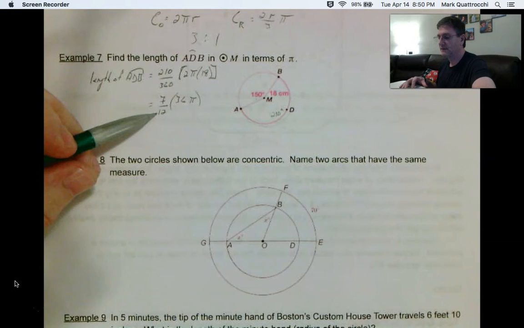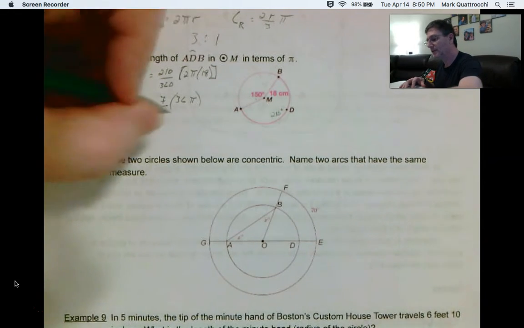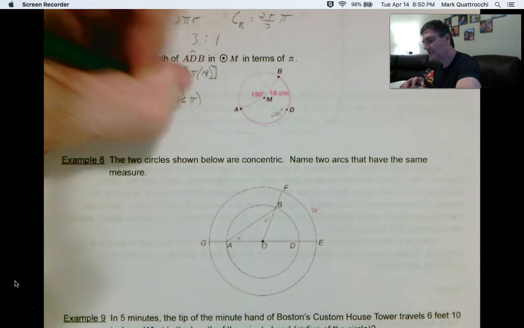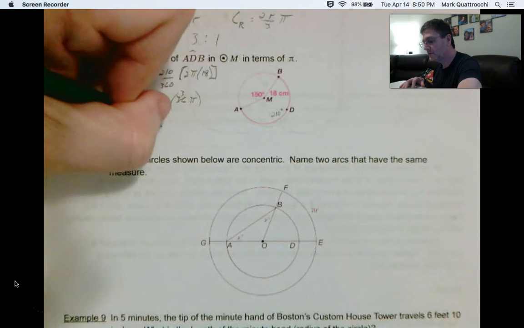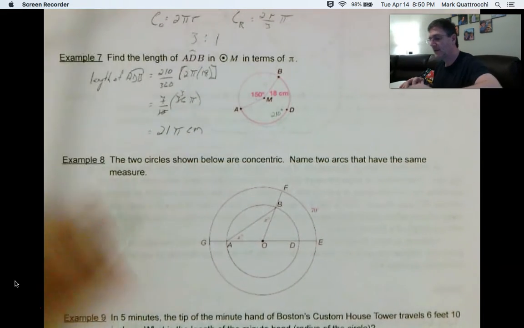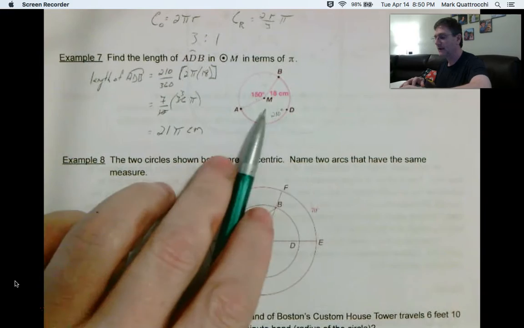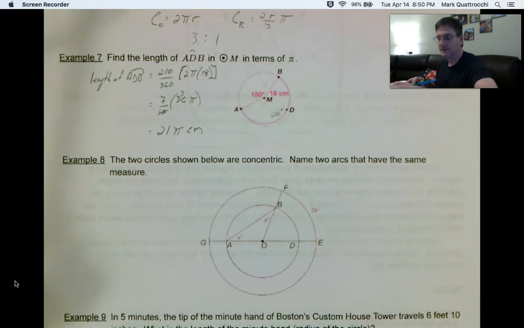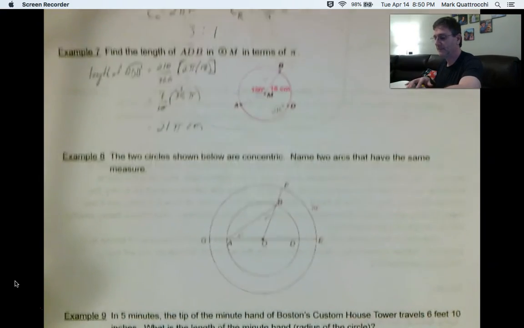I should have left it as a 36. That's right. 12 goes into 36 3 times. We end up with 21 pi centimeters. And it asked us to leave this in terms of pi. So 21 pi centimeters is the answer to example 7.